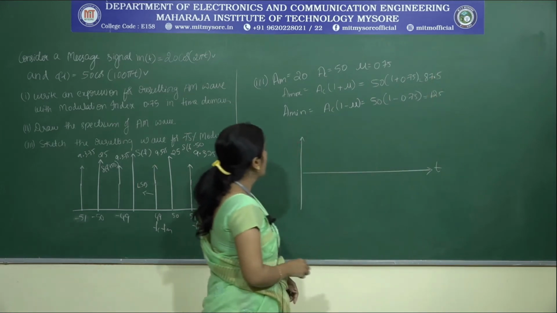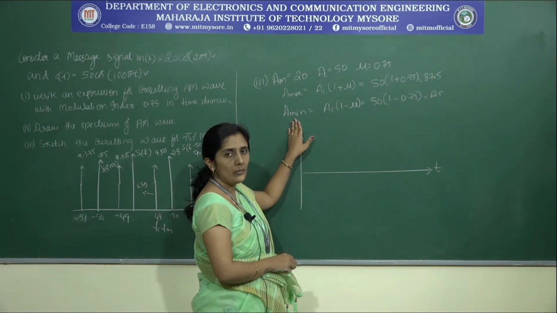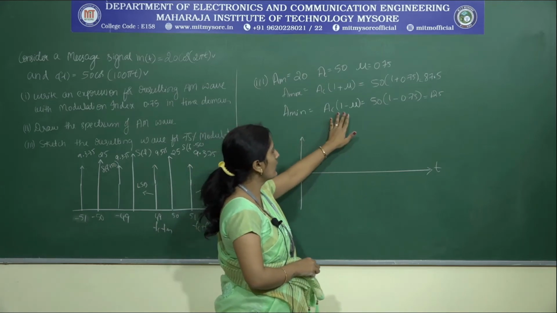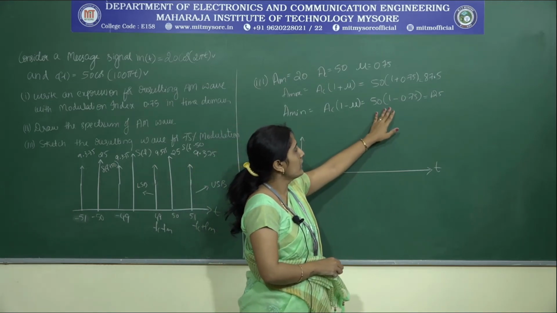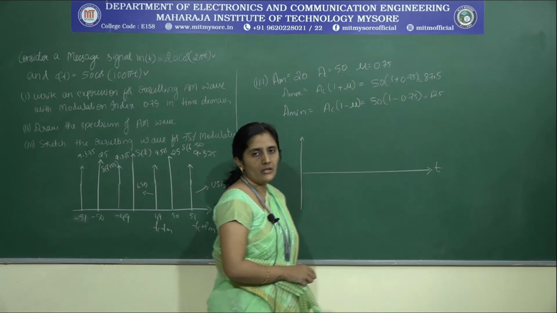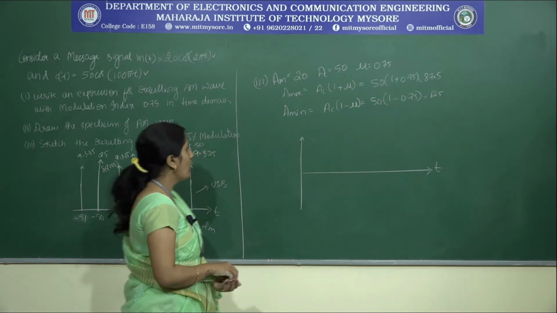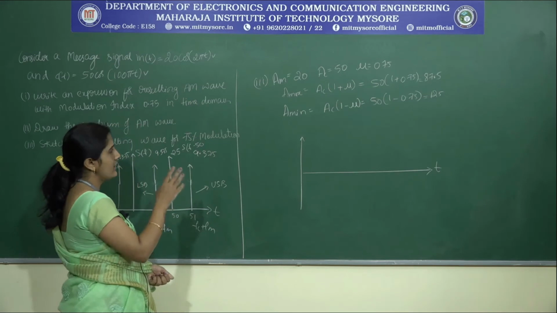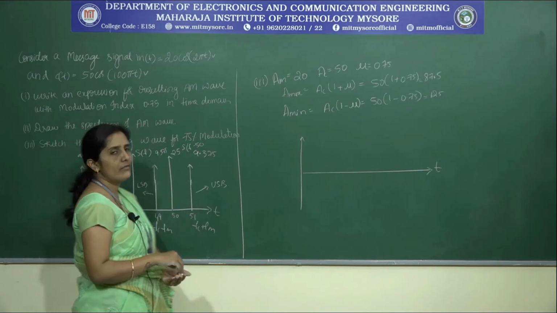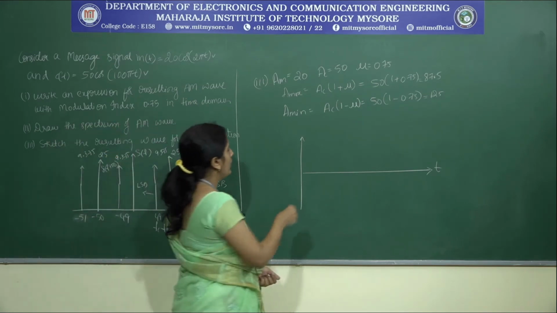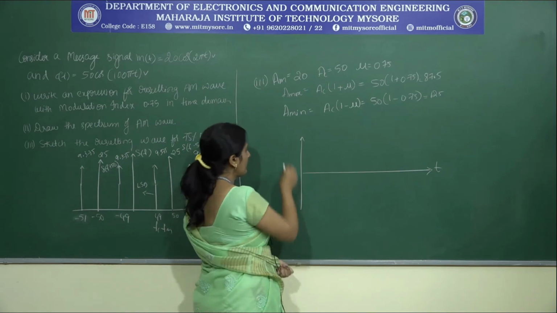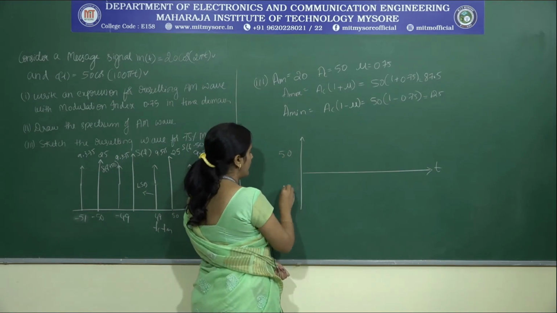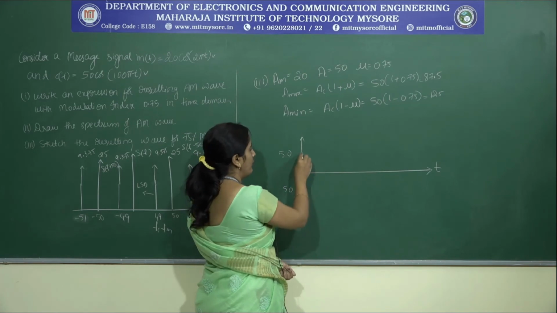Okay. After that, to find the minimum amplitude value, Ac into 1 minus mu is equal to 50 into 1 minus 0.75, we are going to get the value 12.5. Now, we have to sketch the resulting wave for the 75% modulation. Here we have got the amplitude of 50, both sides at the amplitude of 50.